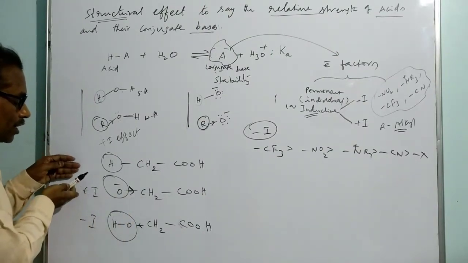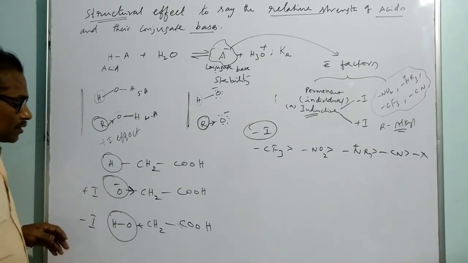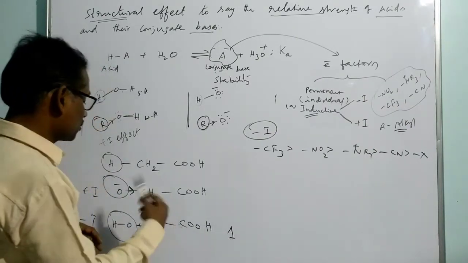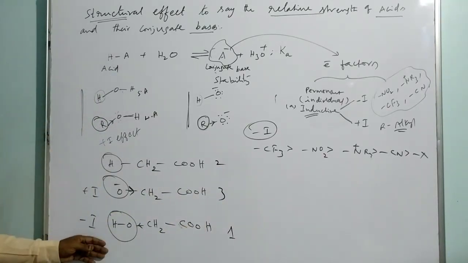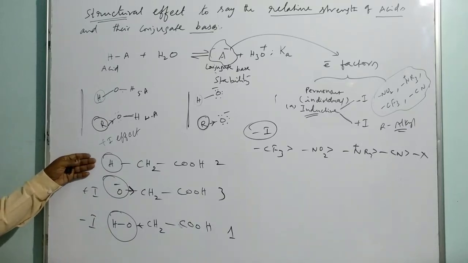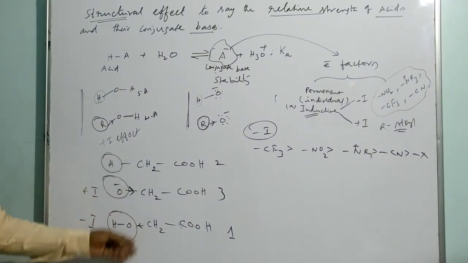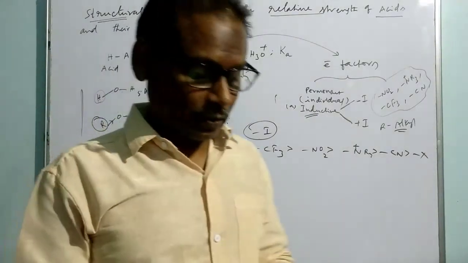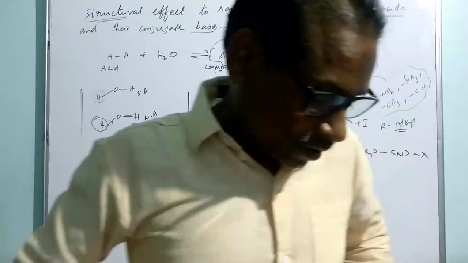So here positive inductive effect, here negative inductive effect. Which is the stronger acid? This is the strongest, the next one is this one, and the third one is this one, because here there is a negative inductive effect, in this case neither positive nor negative, but here a positive inductive effect. So we can give the order of acidic strength like that. In this way we consider the inductive effect.